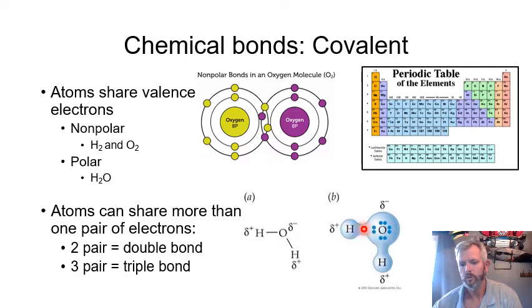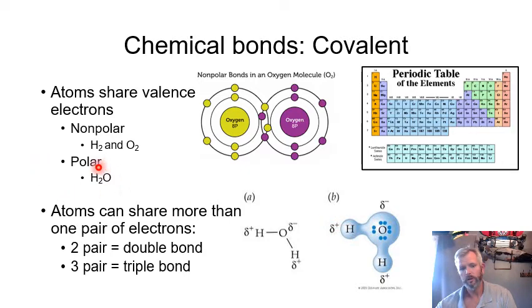The electron is pulled closer to the oxygen than the hydrogen, and so the hydrogen, which had a proton and an electron, now has an electron pulled closer to the oxygen, so there's just this proton almost by itself, sharing with oxygen, and it has a positive pull.